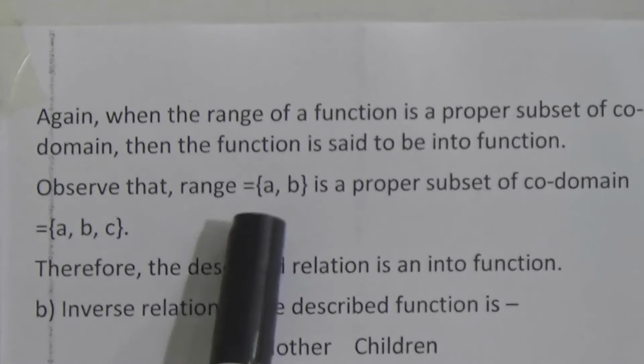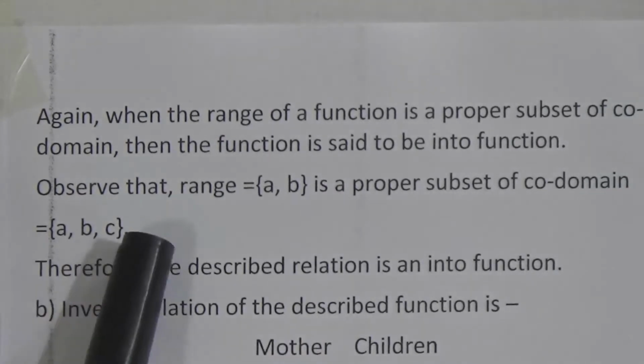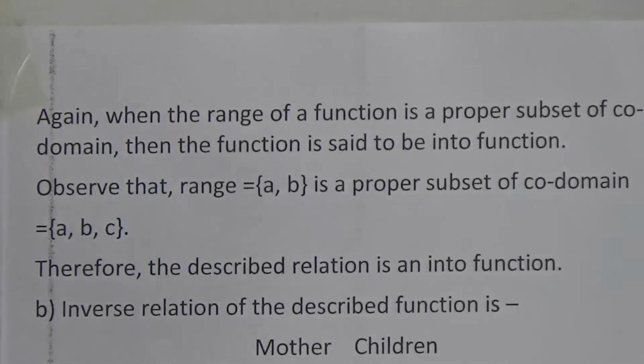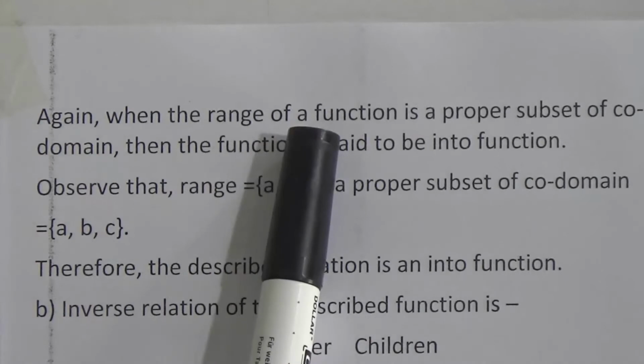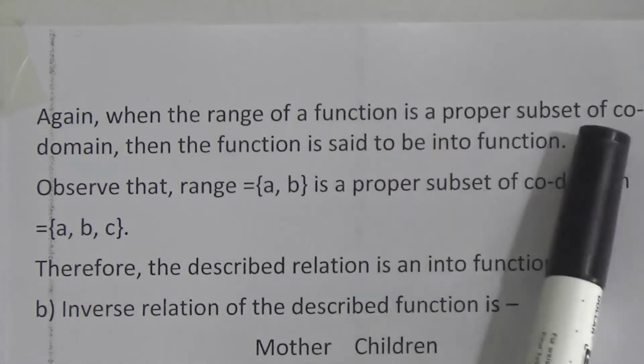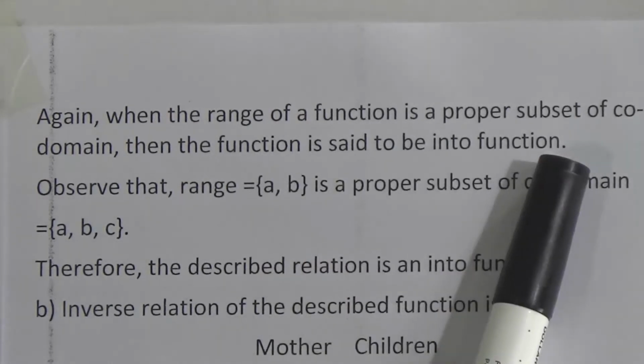It means that the range is a proper subset of the codomain. If the range is a proper subset of the codomain of a function, then the function is said to be an into function. Now for this I have written again, we know when the range of a function is a proper subset of the codomain, the function is said to be an into function.